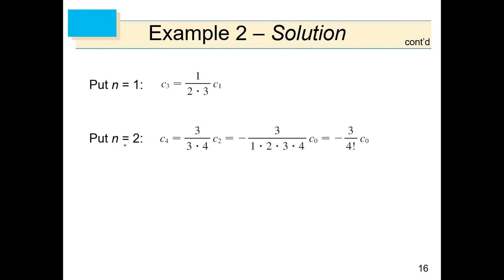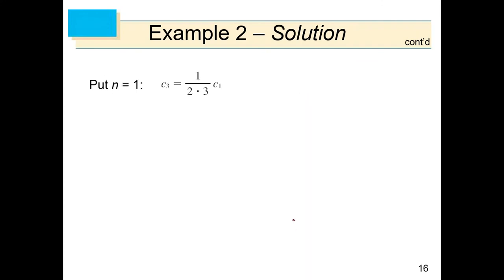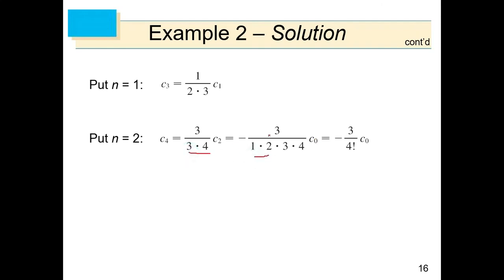Similarly, put n equal to 2, we get C4 is equal to 3 upon 3 into 4 into C2. The value of C2 is minus C0 upon 1 into 2, and C4 is equal to minus 3 upon 4 factorial into C0.